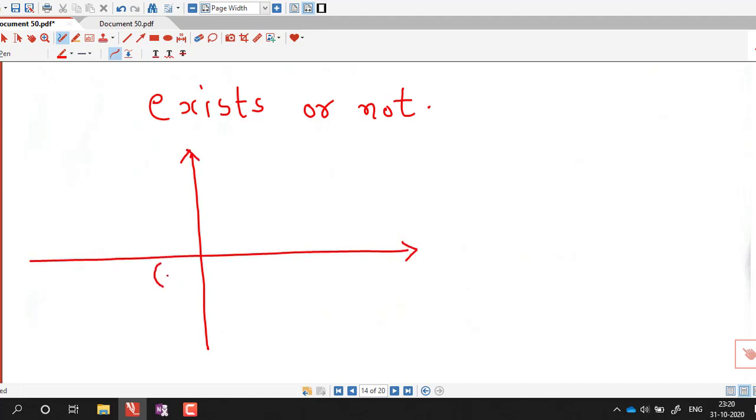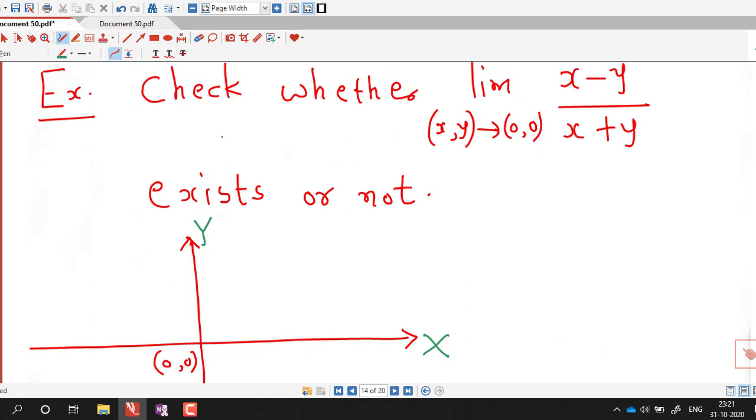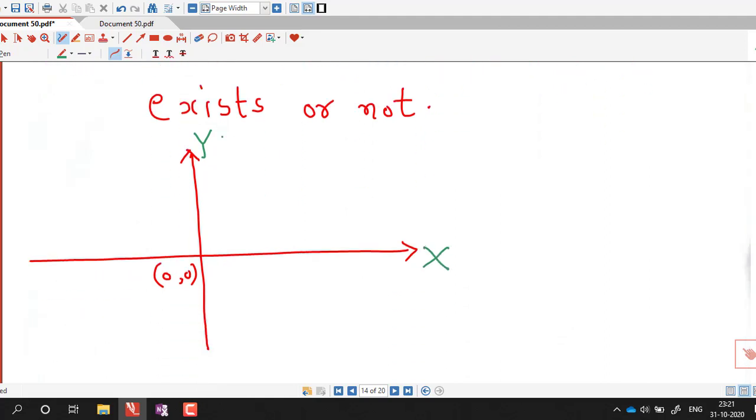So suppose this is the xy plane, this is our fixed point origin. Now there are different paths to approach this point origin. So we will check limits along different paths, and we will find out two different paths along which the limit is different. So suppose I approach this point (0,0) along the positive x-axis.